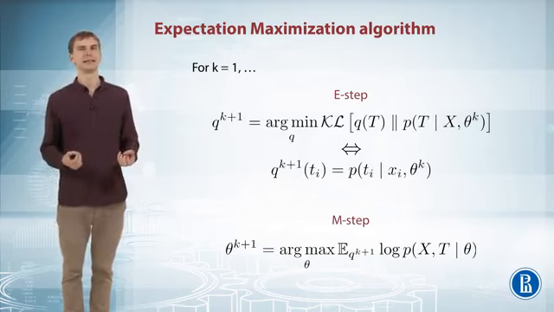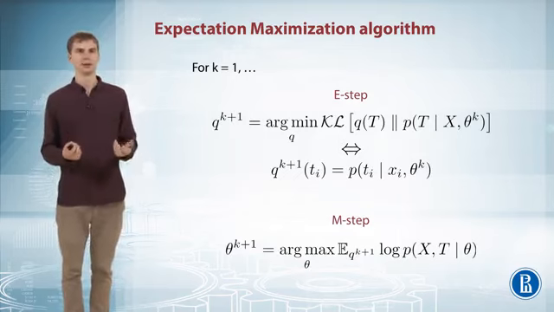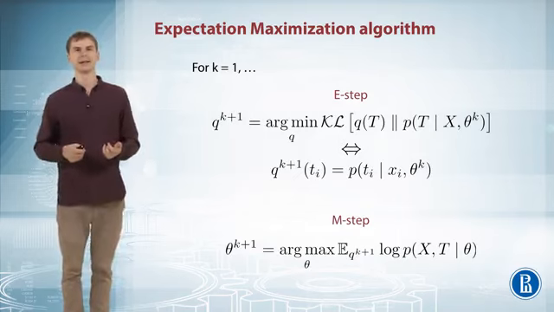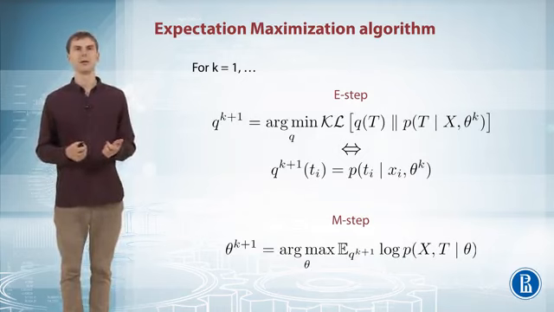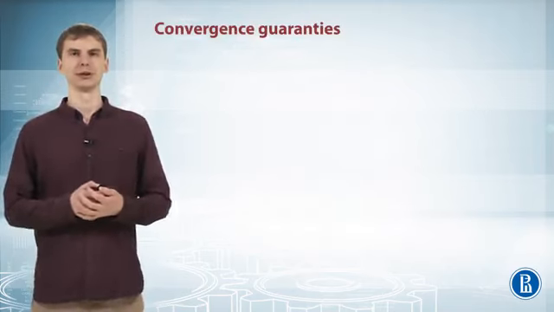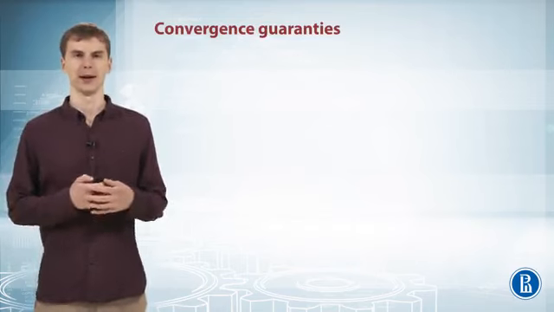And this is the same as just setting Q to be the posterior distribution itself. And then the M step, where we're maximizing the expected value of the logarithm of the joint distribution with respect to parameters theta. So now let's say a few words about the convergence properties of this EM algorithm.